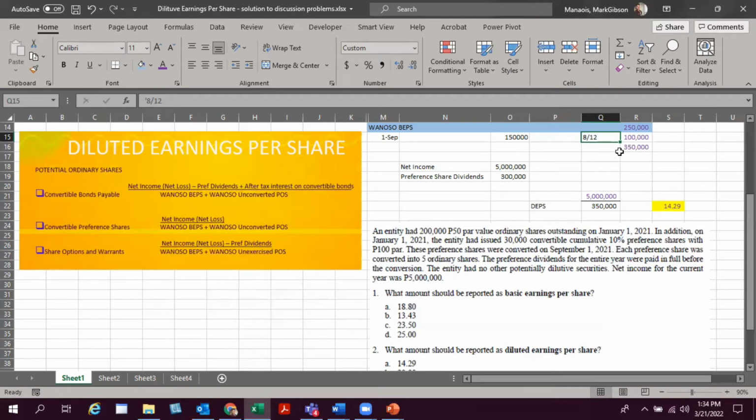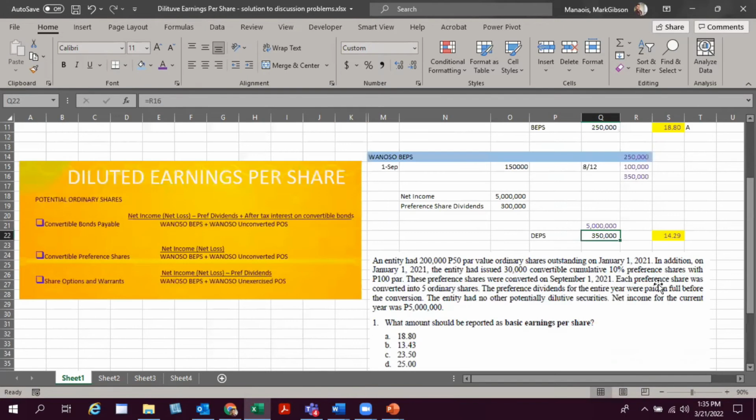January to August, kasi nga ang conversion happened in September. Okay? So 150,000 multiplied by 8 over 12, that's 100,000. So 250 plus 100, that would be 350,000 shares. So that's 5 million over 350,000. So the answer is 14.29 or letter A.